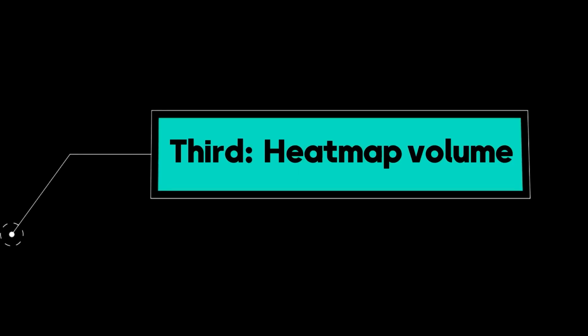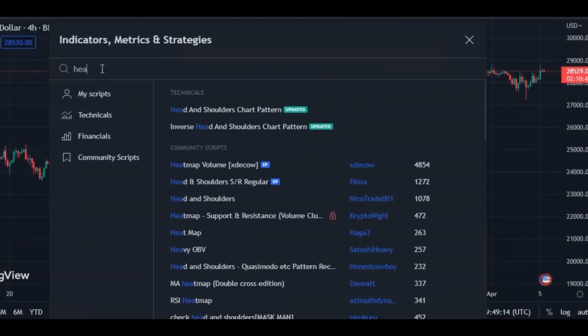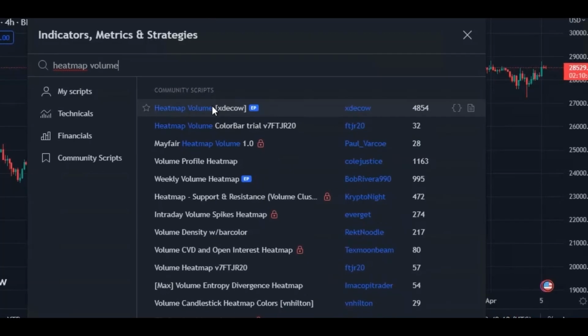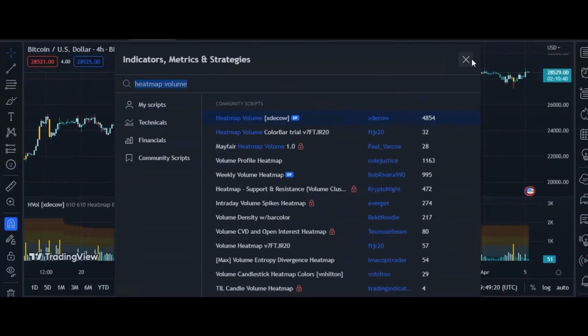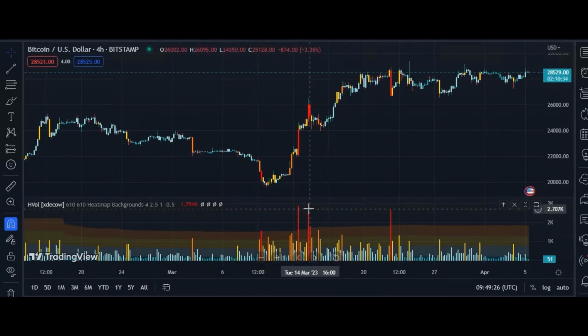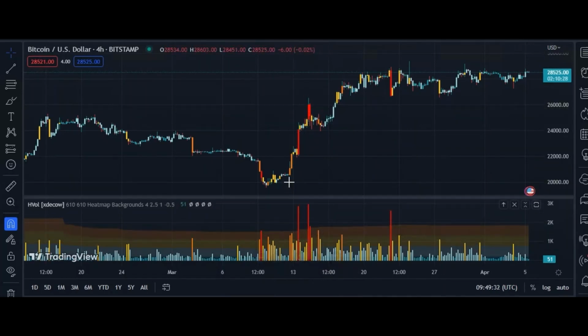Third one, Heatmap volume. Type Heatmap volume and select this one. As you can see, this indicator changes the color of the bars to the same as the color of the histogram. This color is based on the volume of the market. Click on settings.